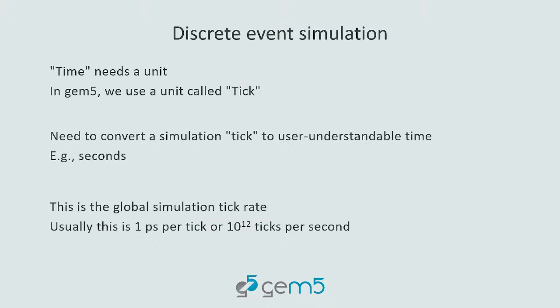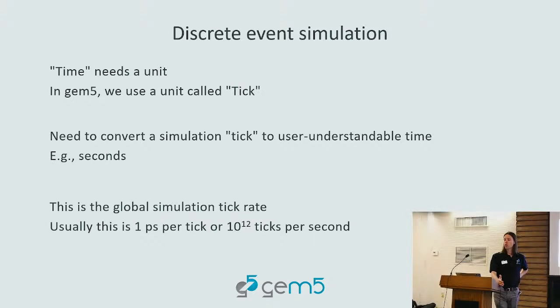All right, so a bit about discrete event simulation. Time is a unit. In gem5 we call this the simulation rate, which by default is a tick equivalent to 1 picosecond, or 10 to the 12 ticks per second.